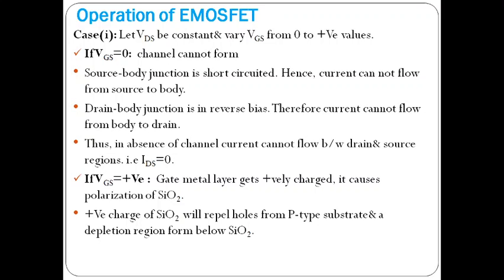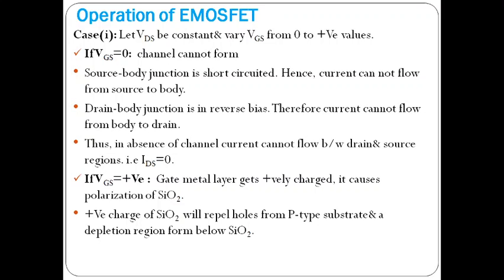When you apply a more positive gate voltage to the gate terminal, that gate is made up of metal, so more positive charge is accumulated on the metal. Due to the more positive charge on the metal, the silicon dioxide is polarized.